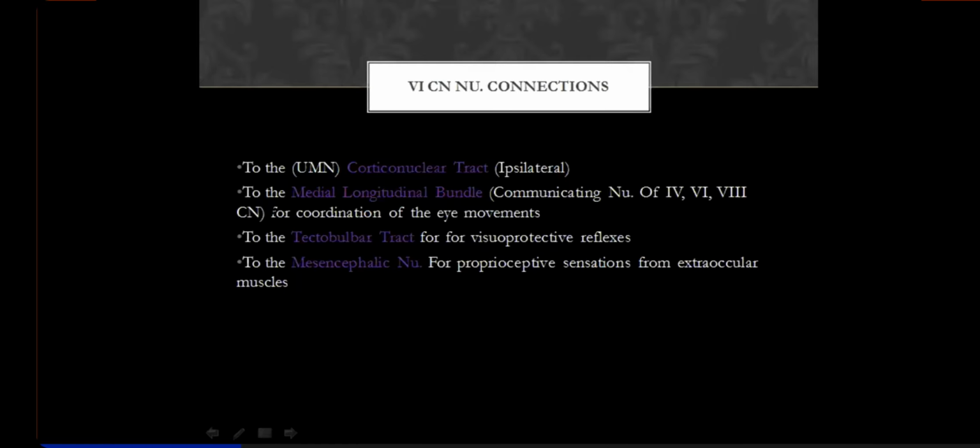Okay. Then it will also be communicating to the medial longitudinal bundle. This I showed you in the transverse section, how this medial longitudinal bundle was placed medial to the nucleus of the abducent nerve.